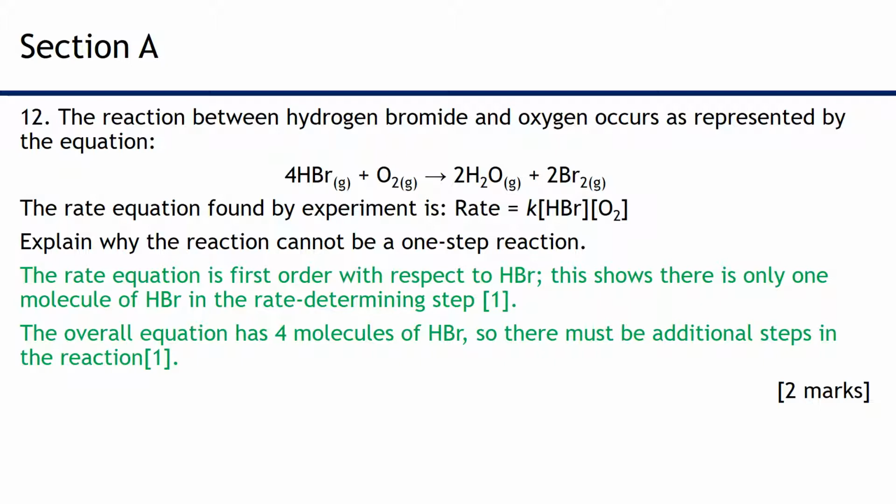So somewhere there must be additional steps in this reaction that are not rate determining steps that involve the other 3 molecules of HBr. So in your answer you wanted to identify that HBr was first order, and that means there's only one of them in the rate determining step, and then that because the overall equation has 4 molecules of HBr in it, there must be additional steps in this reaction.